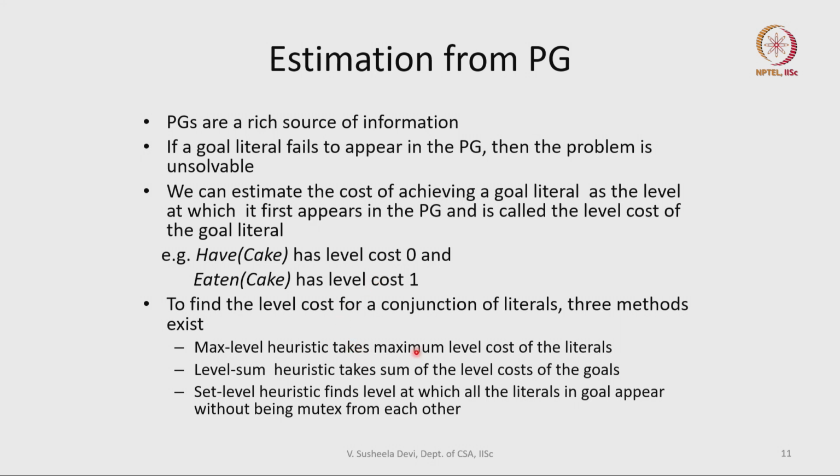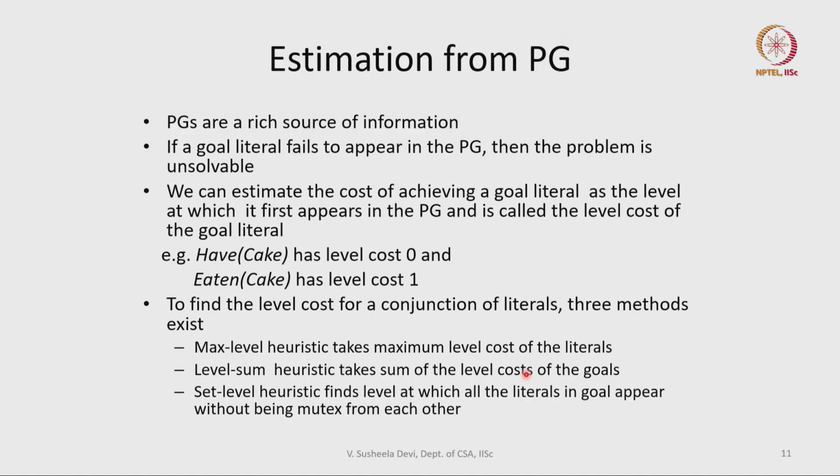You take the level cost of each of the literals and see which one gives the maximum level cost. Then you have the level sum heuristic, which takes the sum of the level costs. So if one has a level cost of 1, another has a level cost of 2, etc., you just add them up and that gives you the total level cost.